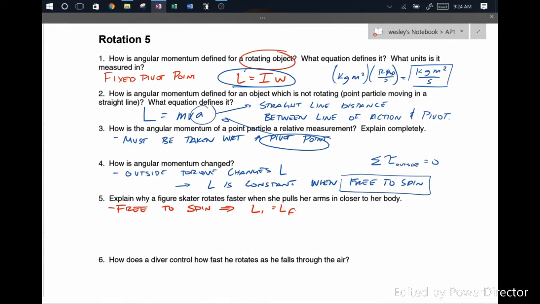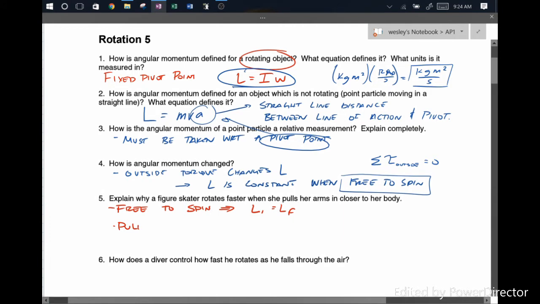As she pulls her arms in, that decreases her moment of inertia. Her rotational inertia is something like mr squared. By pulling her arms in, that r gets smaller. So if I decreases, omega has to increase to make up for that.